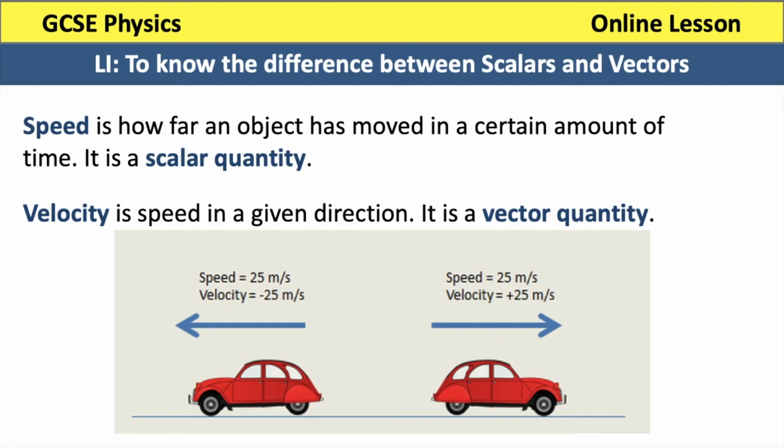The way we show that with velocity is that one of them is positive and the other one is negative. It doesn't matter which one we say is positive and which one negative, as long as one of them is plus and one is minus, to signify that they have the opposite direction.